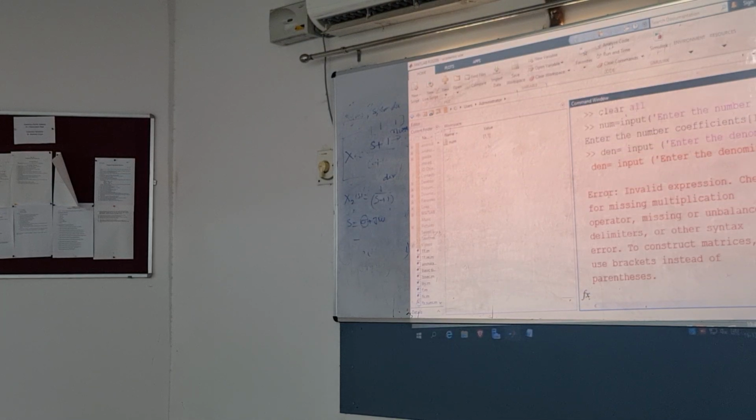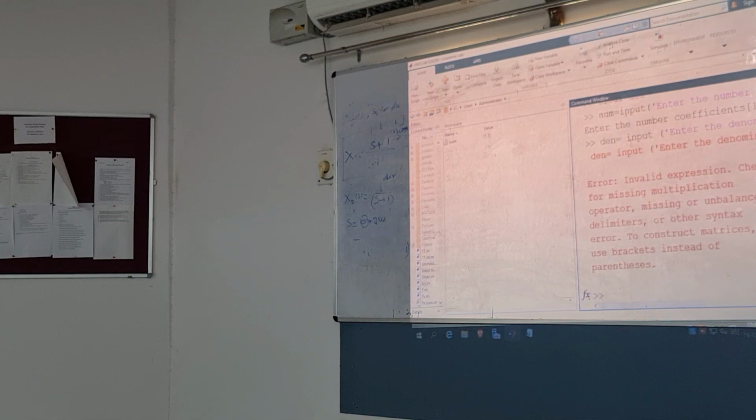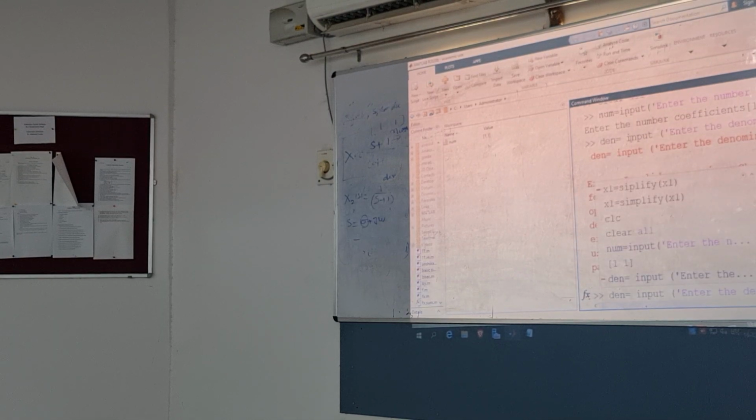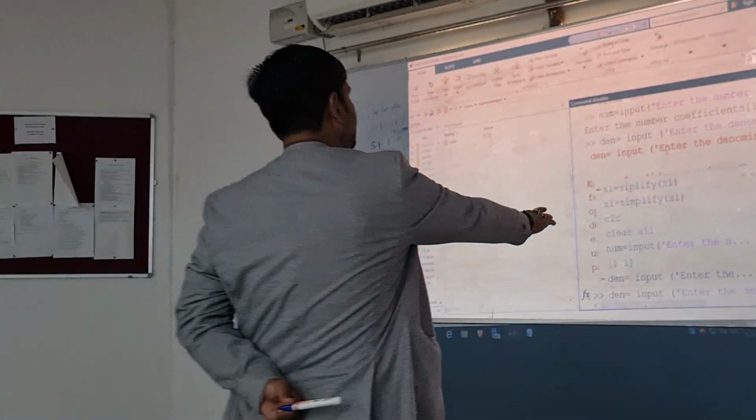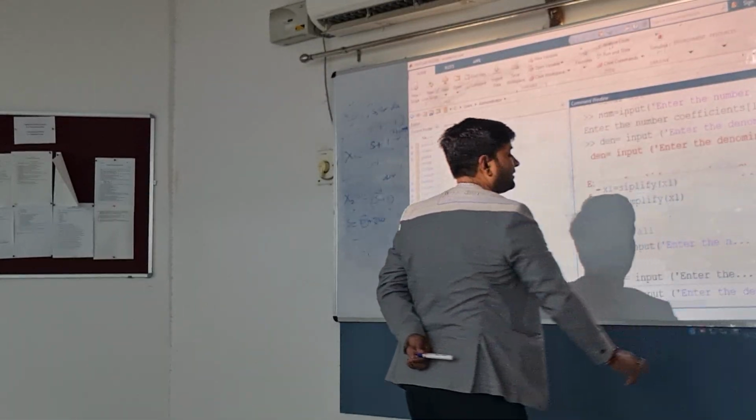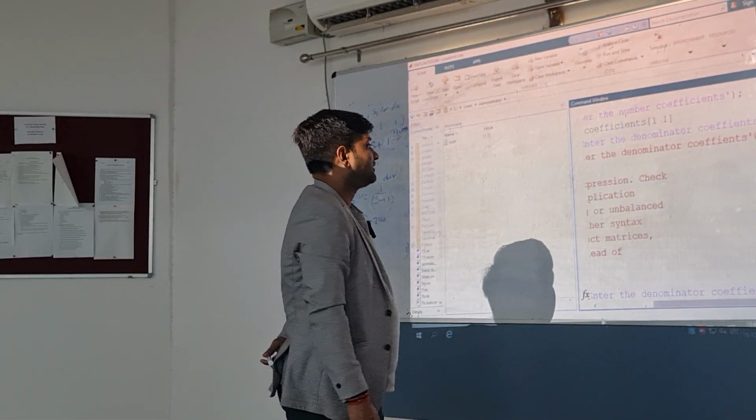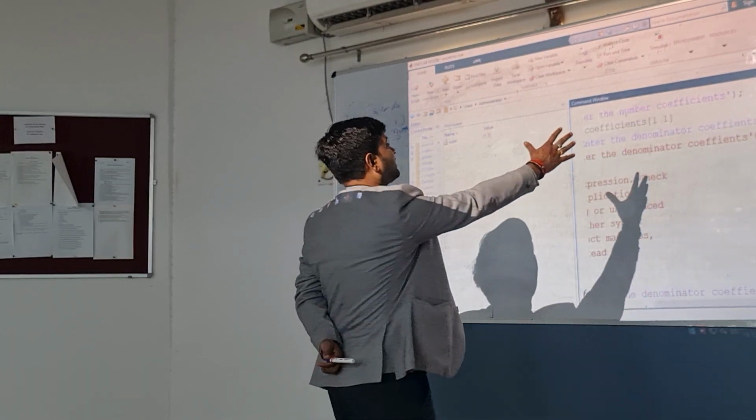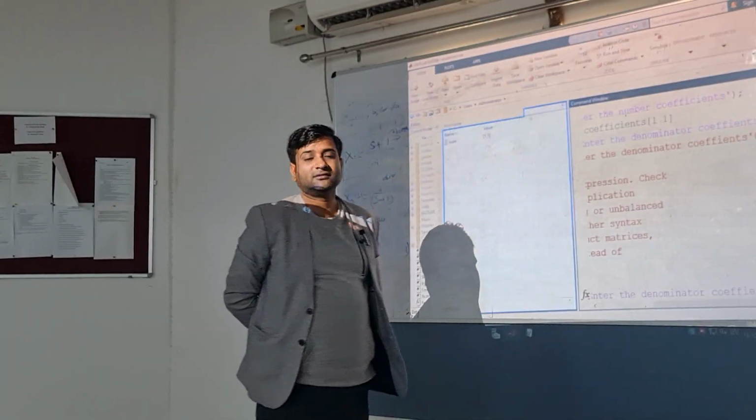Then your parenthesis, then write the denominator. Command window can be expanded.